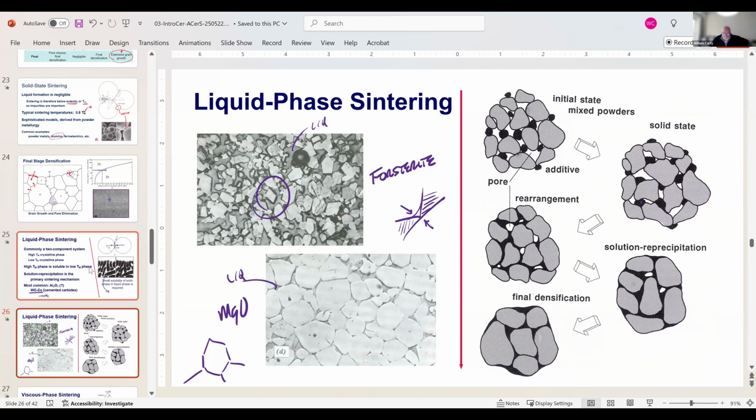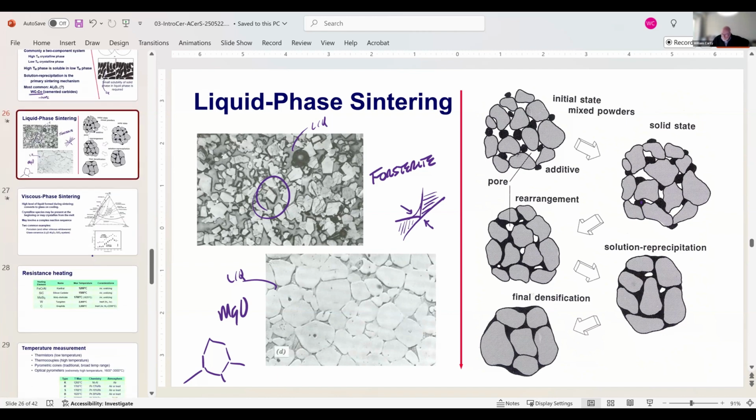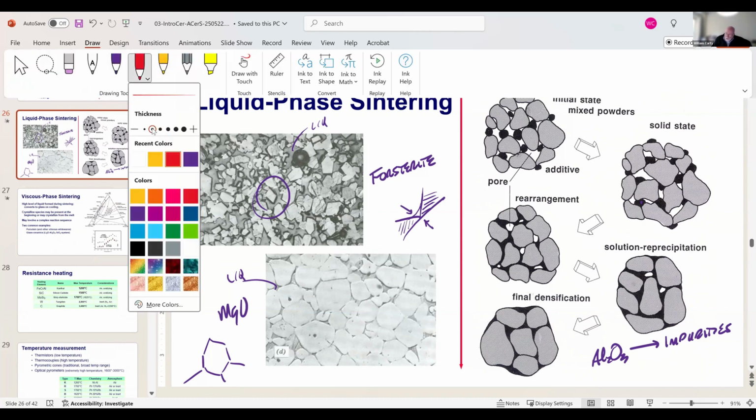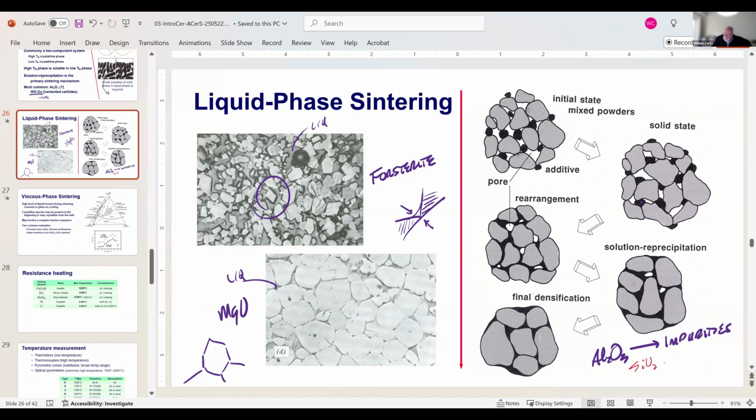Okay, so the thing is that this would apply for alumina if I have impurities. What impurities do I have? Well, I actually have a bunch of impurities potentially, right? It could be silica, it could be calcium, it could be sodium, it could be magnesium oxide, okay, etc. And in the presence of these materials, they'll form a low temperature liquid that facilitates the sintering in alumina.